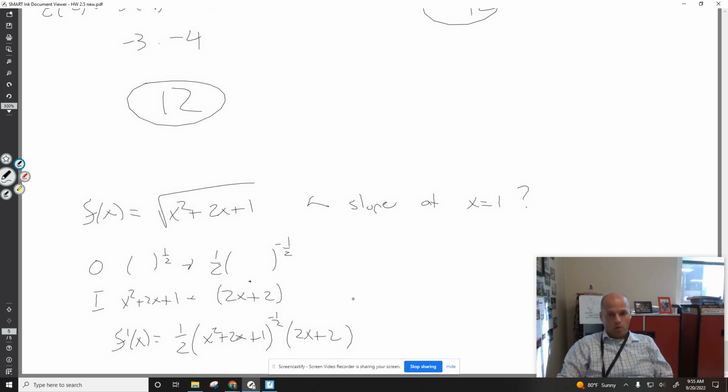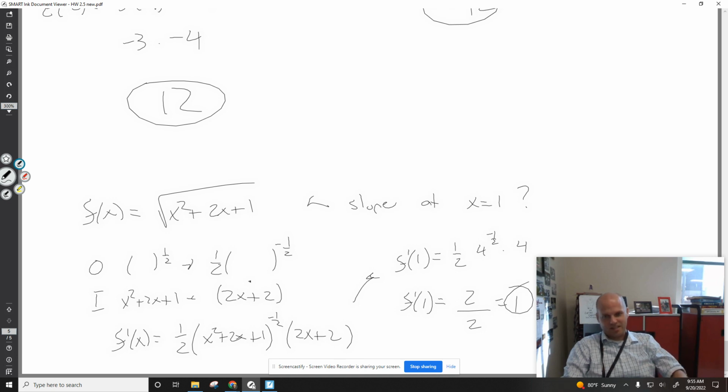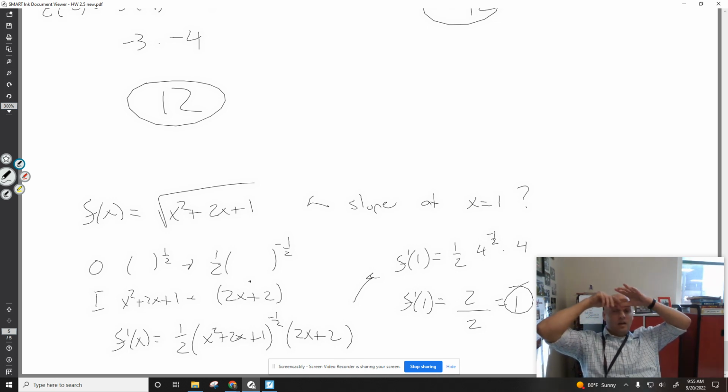Okay, now if I plug in 1, I'll have 1/2, 4 to the negative 1/2, and then 4. So 2 over 2, which is just 1. It's a nice easy number that you can get.